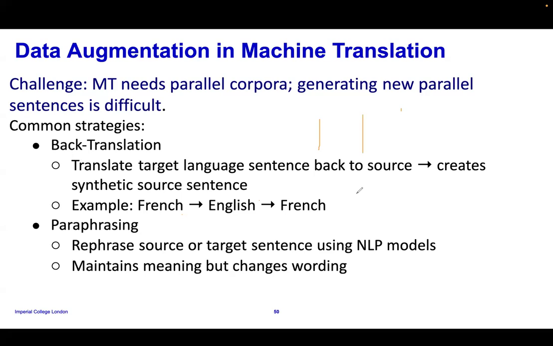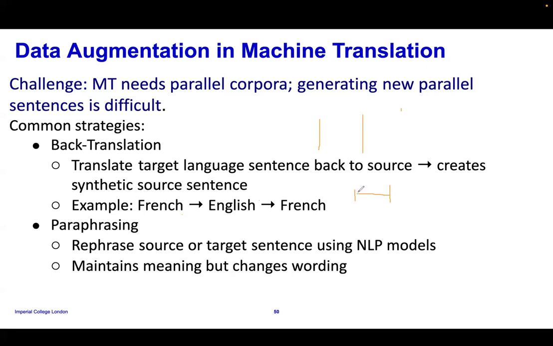Okay, so let's assume I have one sentence here, and this sentence is in English. Or maybe this sentence is in Hausa, and back translation means translating the target language sentence back to the source.